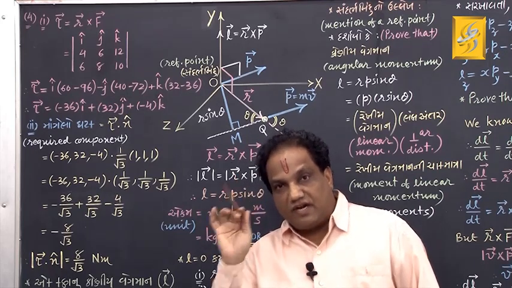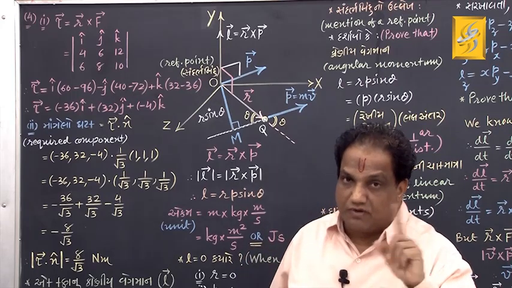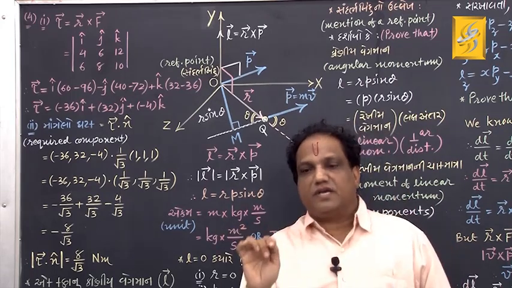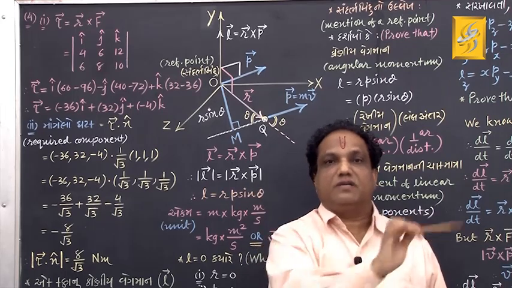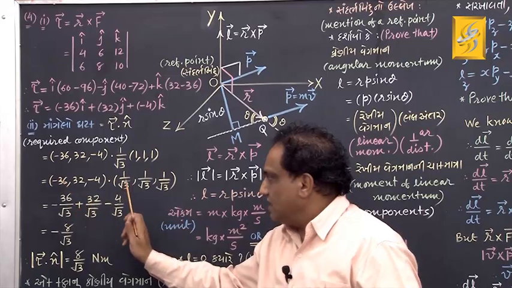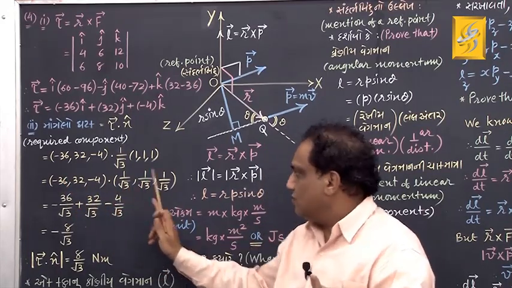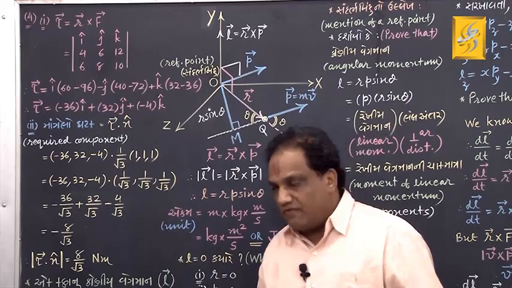You know how to take the dot product? If it is vector A dot vector B, the formula for finding the dot product in terms of components is ax bx plus ay by plus az bz. Here also, this into this plus this into this plus this into this. Just take it one by one.